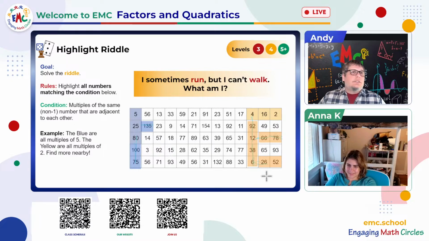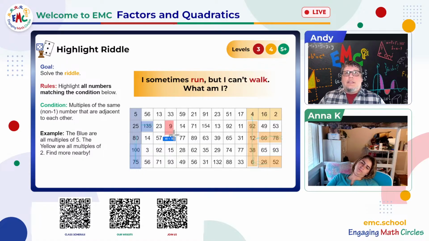E. Okay. But now we've got to find the multiples. Anything with equal multiples next door to it.